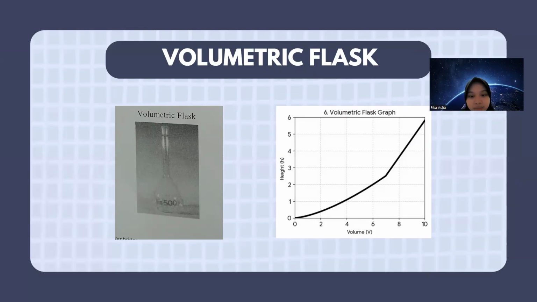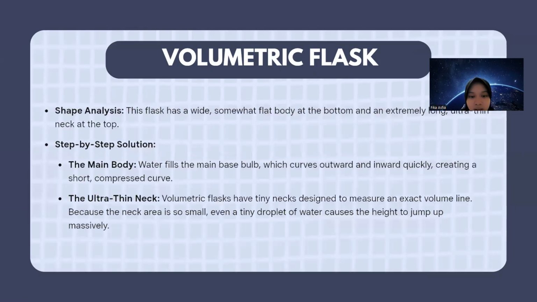Because the neck has a microscopic cross-sectional area, even a single drop of liquid will cause a massive jump in height. As a result, the moment liquid hits the neck, the graph shoots upward in an almost vertical, steep, straight line.